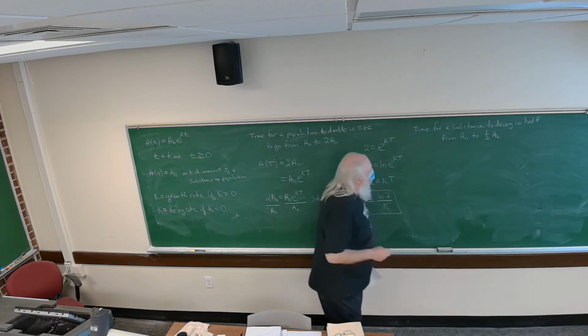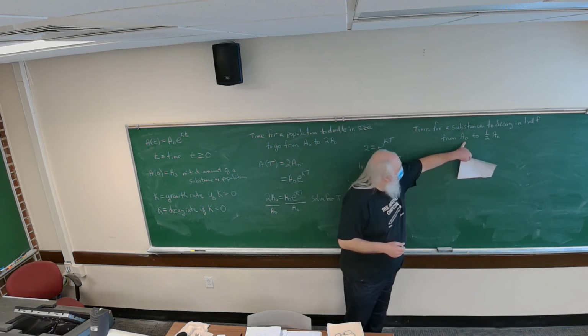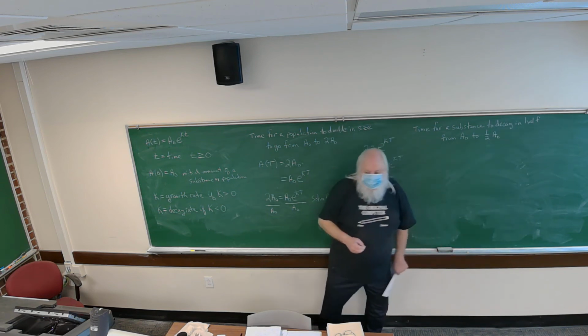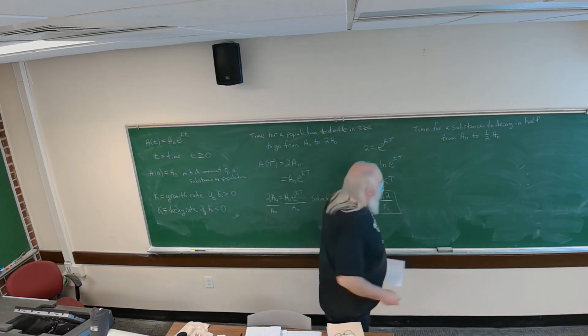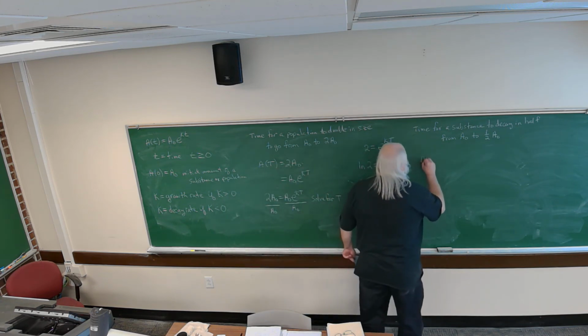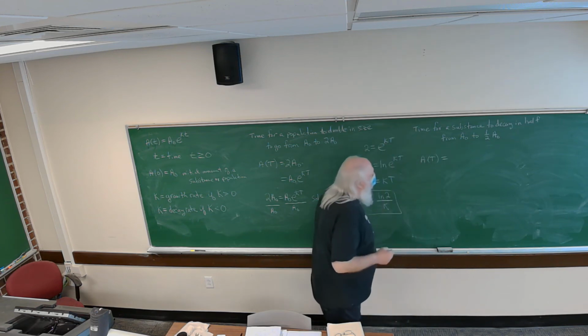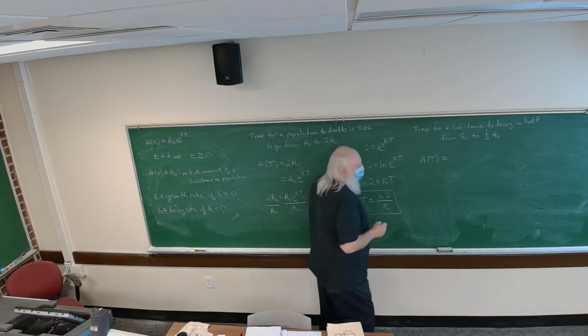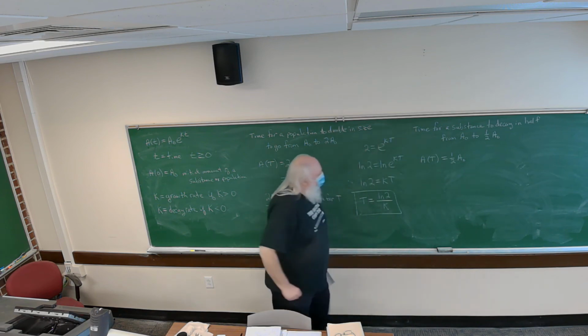When we say time for a substance to decay in half, we're talking about the time it goes from its initial amount to 1/2 its initial amount. So again, capital T is the time for the substance to decay to 1/2 of its initial amount. So A of capital T is equal to 1/2 a sub 0.